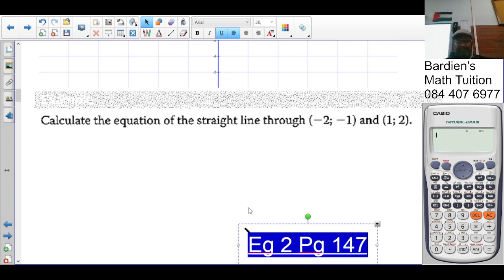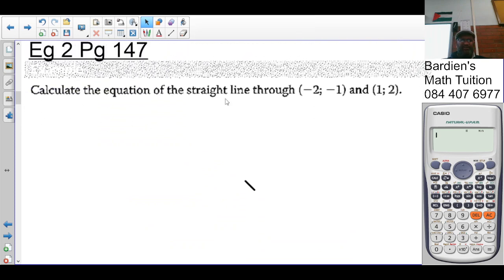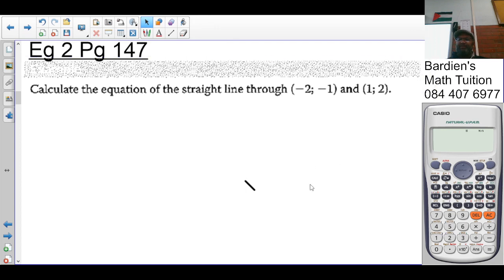So the question says, in example 2 on page 147, calculate the equation of the straight line through negative 2 and negative 1 and 1 and 2. So how do you calculate the equation of a straight line, people? y equals mx plus c.